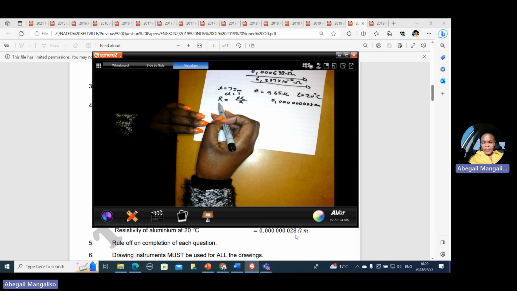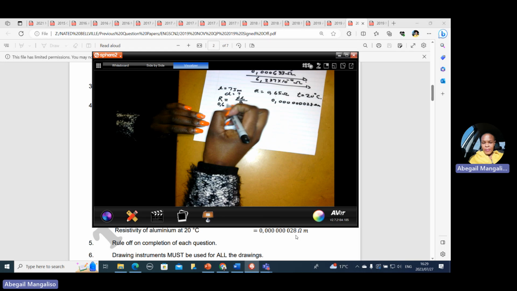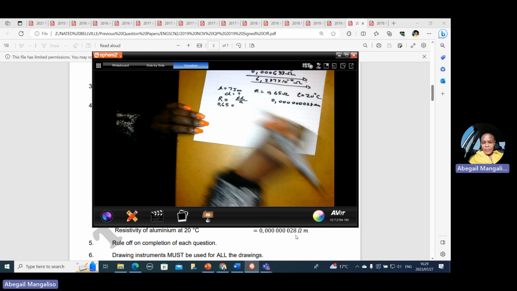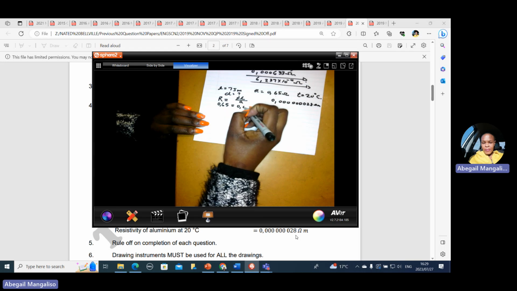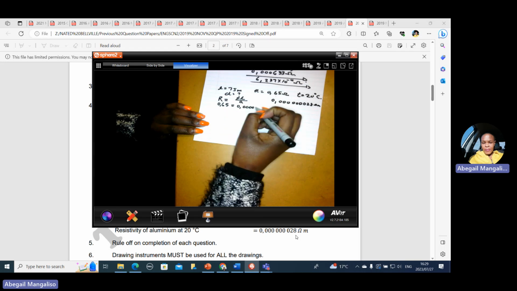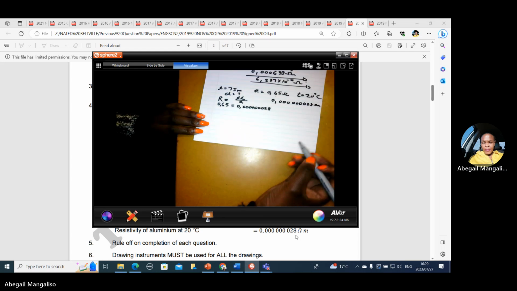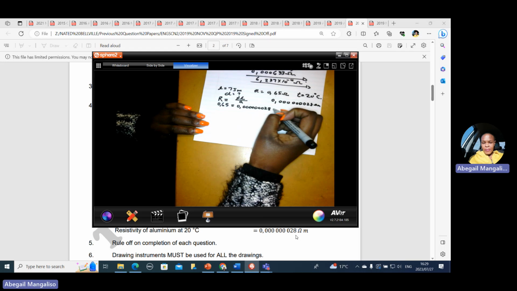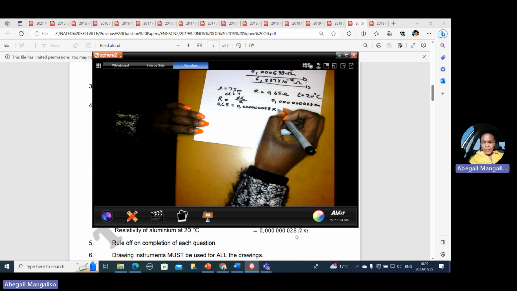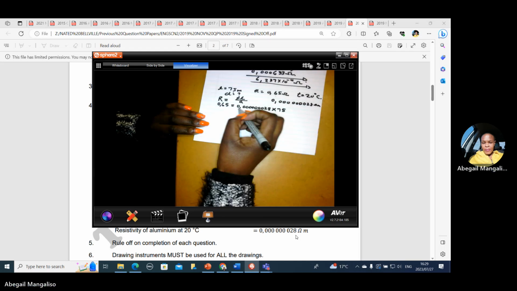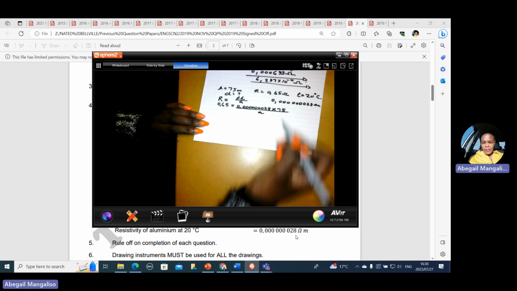Where the resistance is given as 0.65, I'm going to put 0.65. It must be equal to the resistivity from the table, multiplied by the length, 75, divided by an area. Area is the unknown.